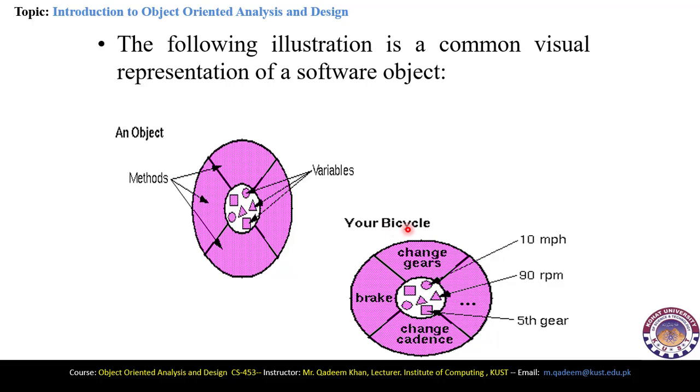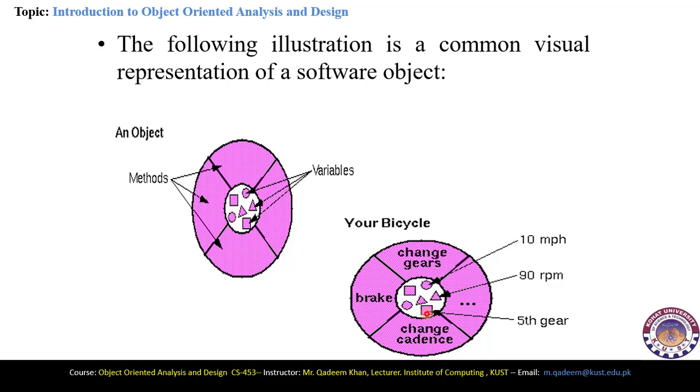For example, if we have a bicycle object, then the bicycle has 10 miles per hour speed, 90 RPM, that is revolutions per minute, and fifth gear. These are different attributes, the data, the states of the objects.